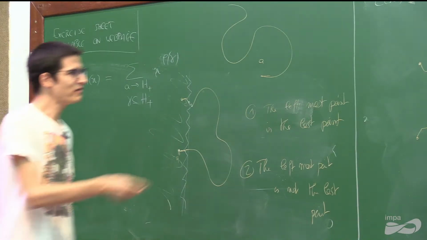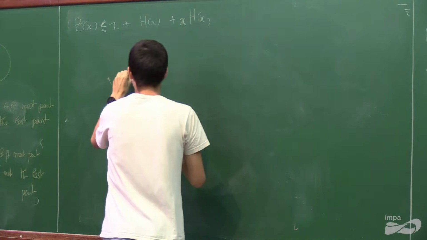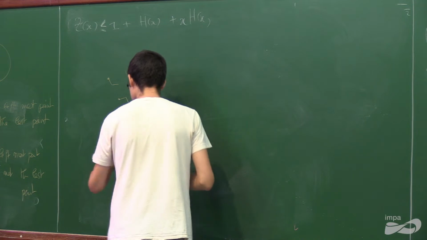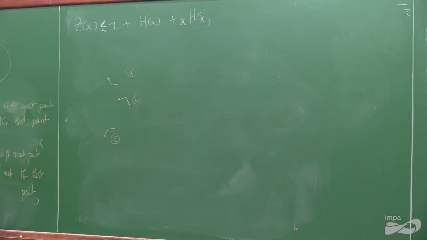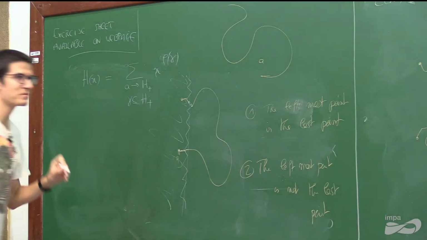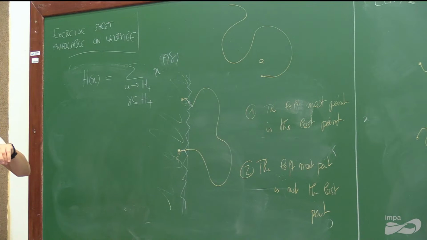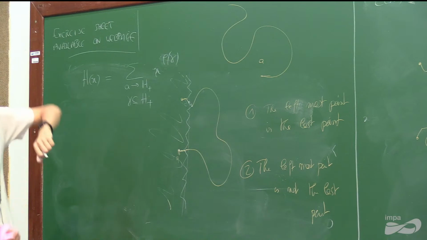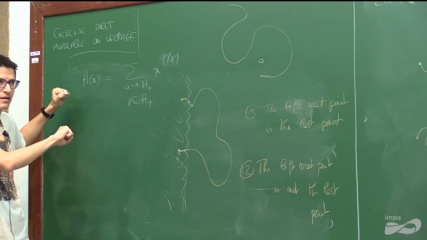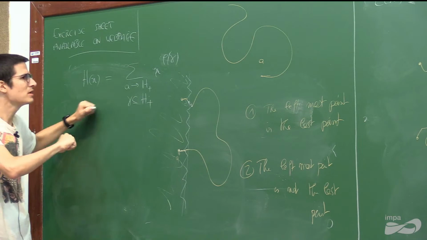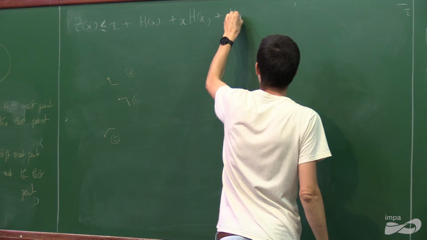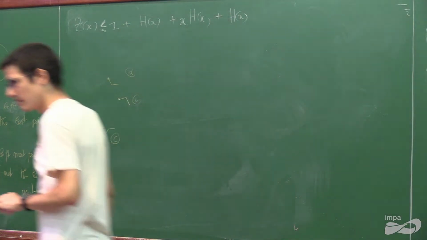So this is A, B, and C. If I am in case B, then what I'm seeing from the endpoint is just a half-plane walk. Just reversing the sense of the walk, what I'm doing is just counting half-plane walks.